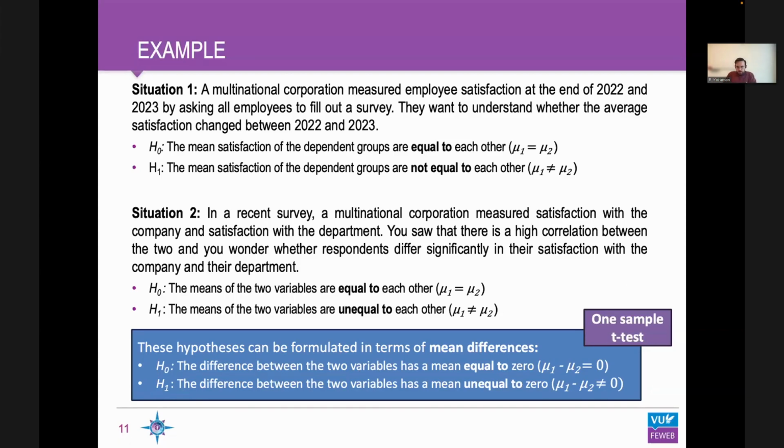What t-test would you most likely use during your thesis? I would say that would be a two-sample t-test, the independent samples t-test, which we will see now.